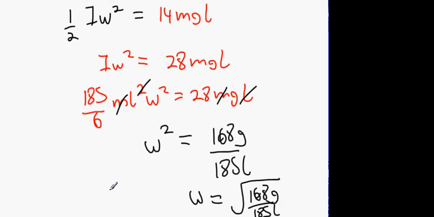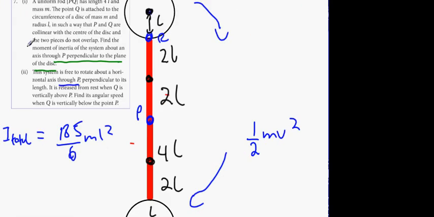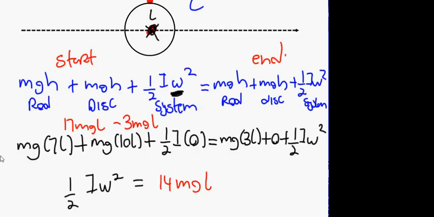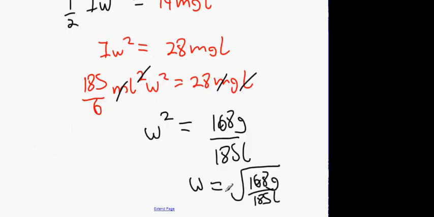Okay? We reread the question, it wants to know its angular speed. It doesn't say angular velocity, that's omega, okay? That's not necessarily its speed. Do you remember, omega is what, guys? Angular velocity, not angular speed.